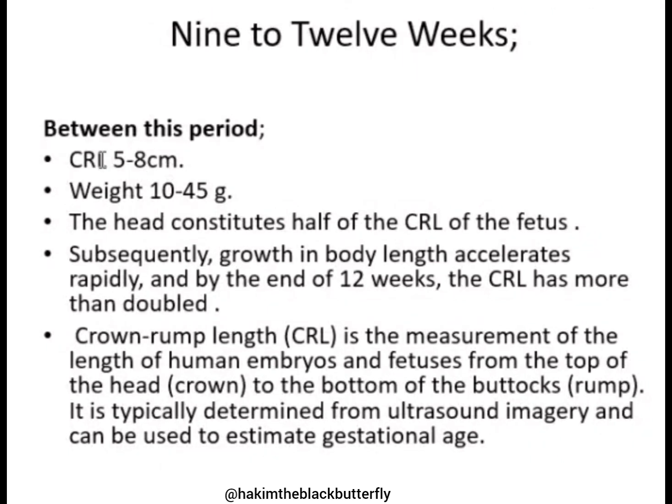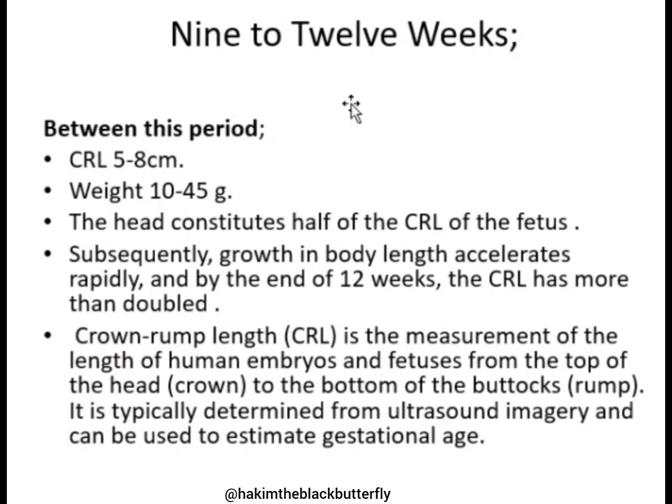So apart from the crown rump length and the weight which are indicating growth, we are also going to look at some structural changes of the different structures of the body which have already been laid down. And that is why in the fetal period, the unborn becomes human-like, because structures are now shaping themselves into their final structure.